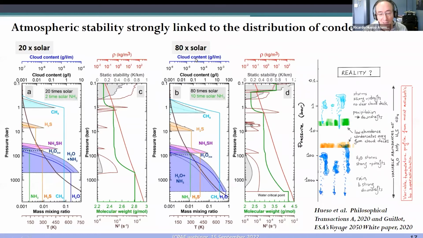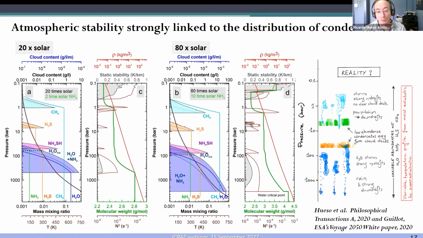But if you have even higher abundances of volatiles, 80 times solar, which is possible, we don't know if it is from 20 to 80, your atmosphere is going to have much more abundance of condensates. Your clouds are going to have deeper cloud layers. The density of the atmosphere is going to be very different. And indeed, this stabilizes the atmosphere very much.